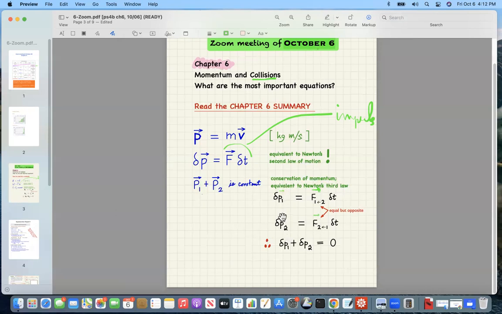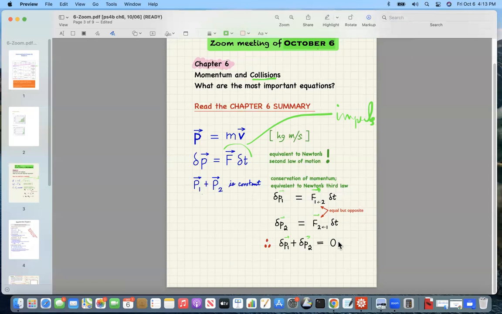Now, if we add the change of momentum of the first object plus the change of momentum of the second object, well, we have F12 plus F21. That's F12 minus F12. That's 0 times delta t, but 0 times delta t is still 0. So the change of the combined momentum is 0.